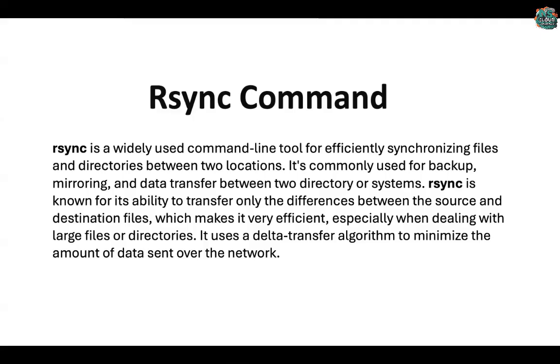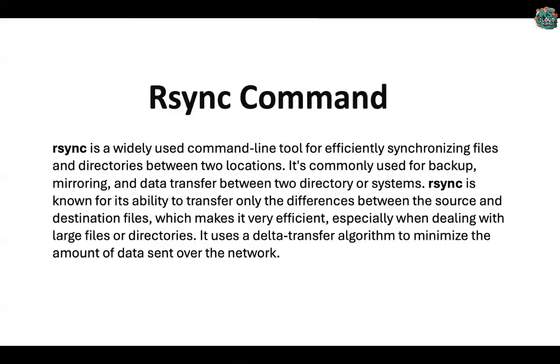Let's suppose you have data of size 100 GB, and you have copied a 100 GB backup from your server to another server for backup purposes with the scp command. When you run the scp command, it will copy all 100 GB the first time, and when you run it a second time, it will again copy 100 GB.